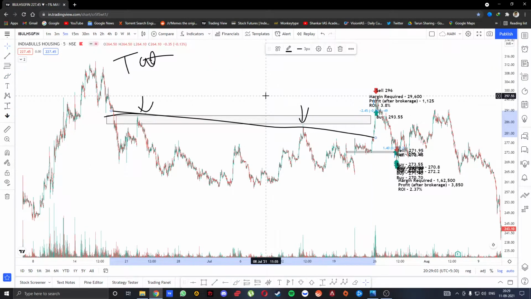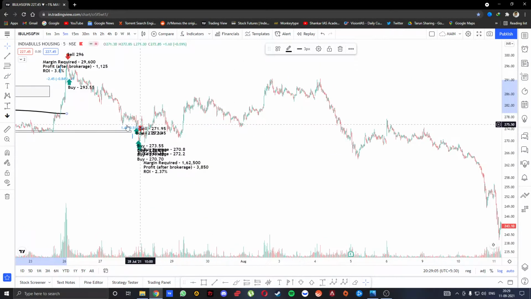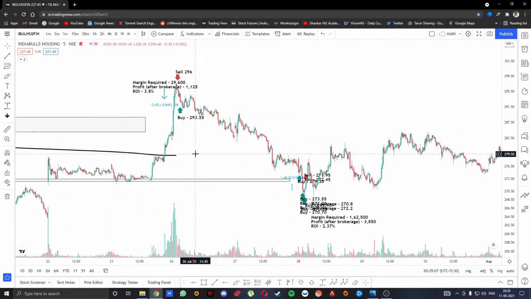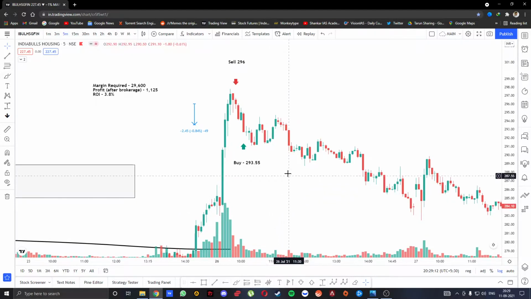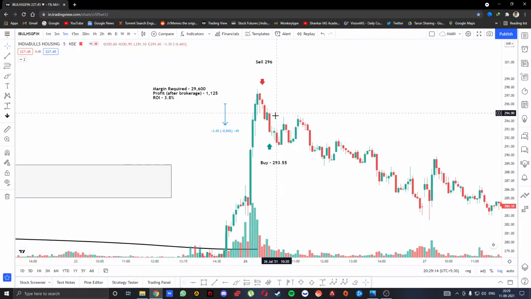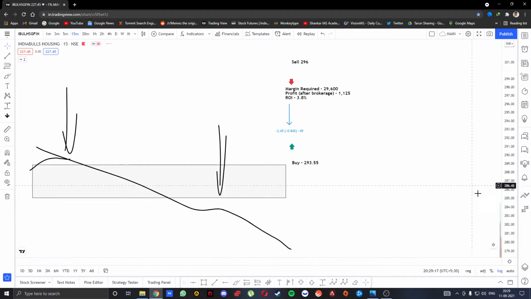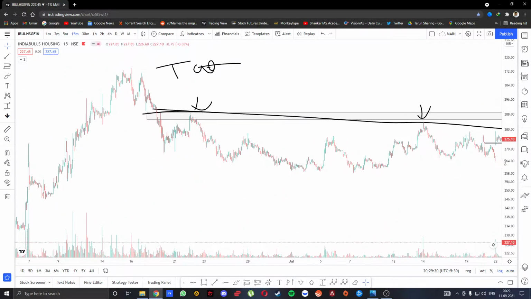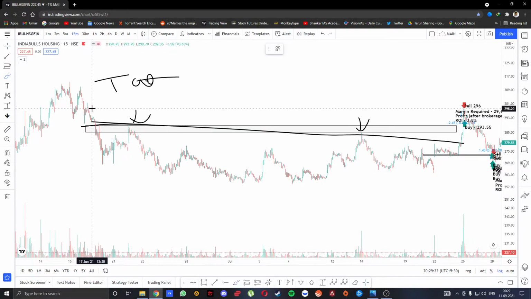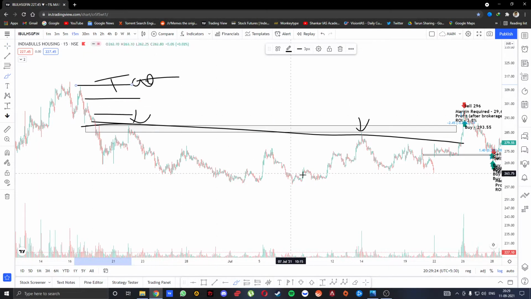So what I was expecting was some stop losses and some new buying by the retail. So what I did was completely the opposite. I started selling. I was ready to enter short at these levels, these levels, these levels.